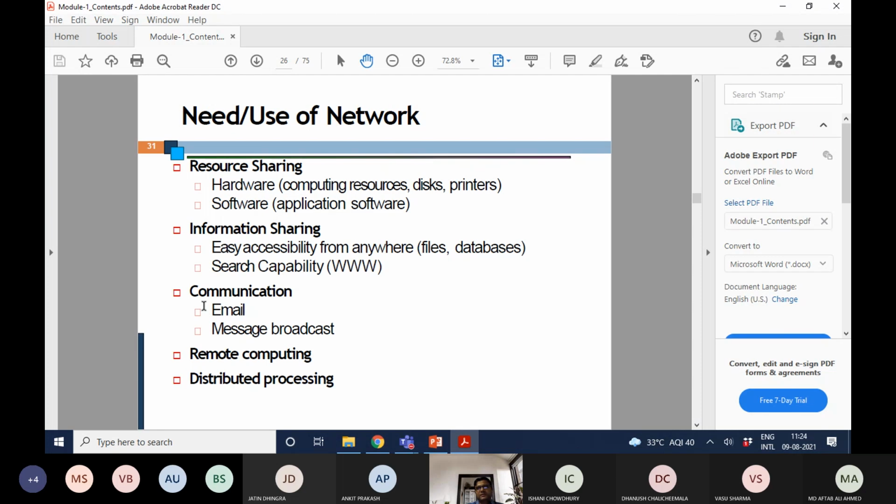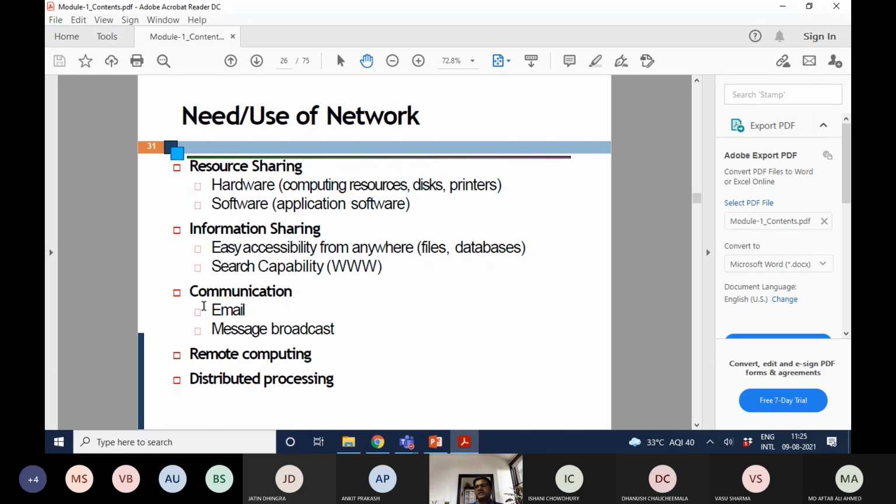Then the uses of network we have already seen. We can see some more uses of the network, like resource sharing, information sharing, communication like email, message broadcast, then remote computing, distributed processing. For this purpose also we can use the network.